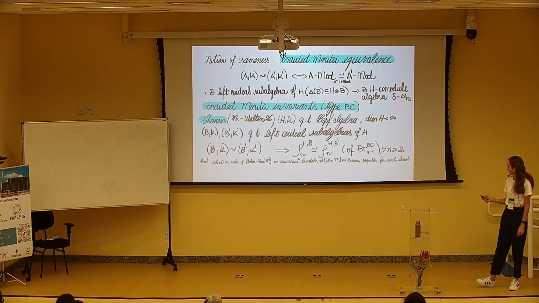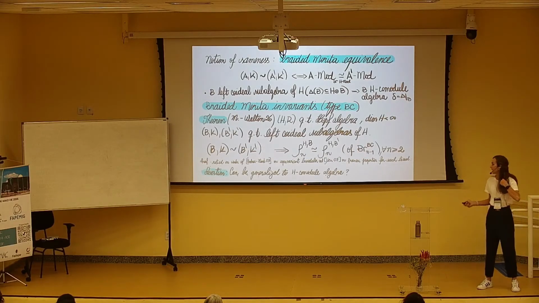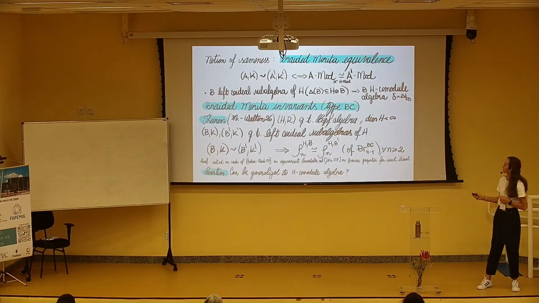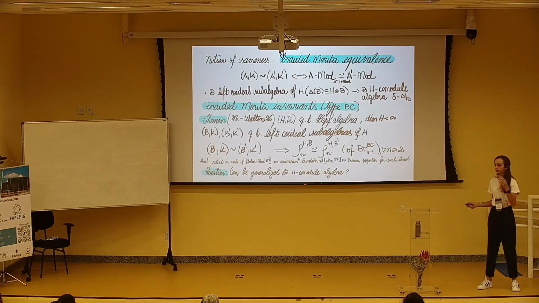And so the question here that you can think about, if you want, is: can we generalize this result to general H-comodule algebras? Because this definition is for A an H-comodule algebra, but I just know that this is true for left coideal subalgebras. Okay, so this is the first question. The question is also in the paper if you want to look at it later. And what about part B of Shimizu's theorem?